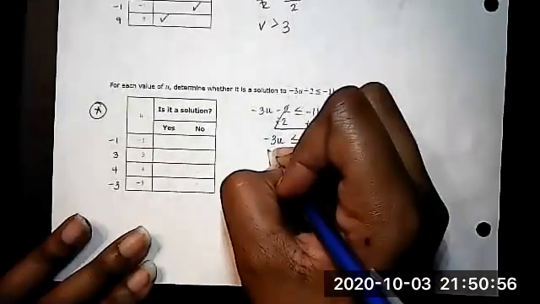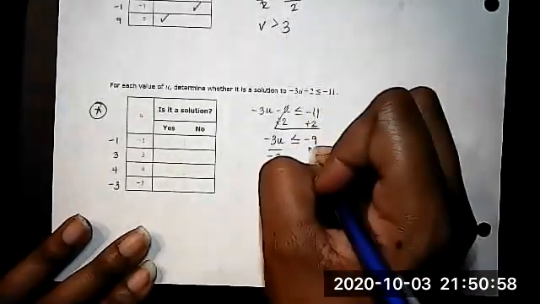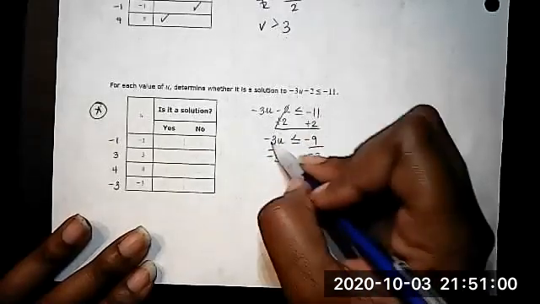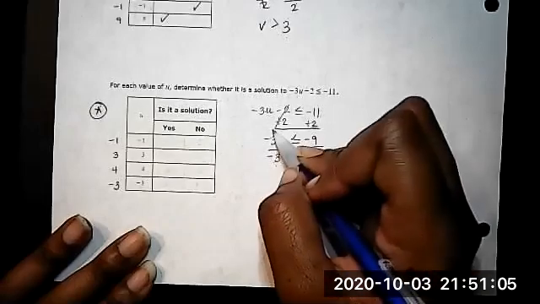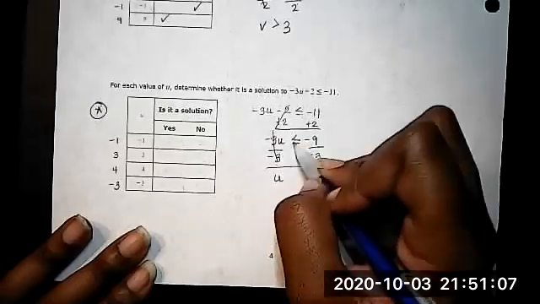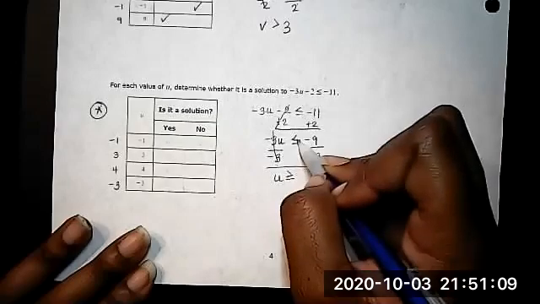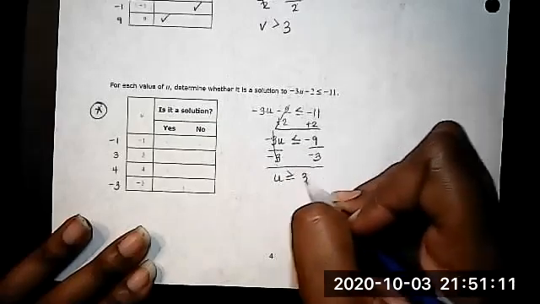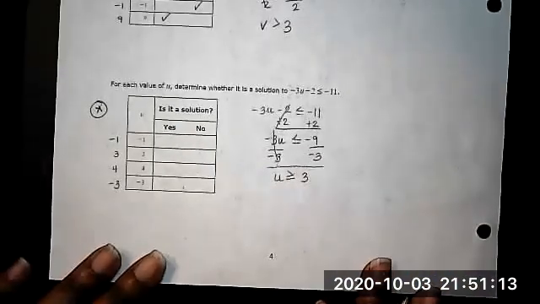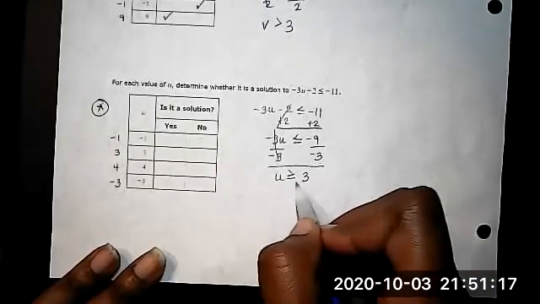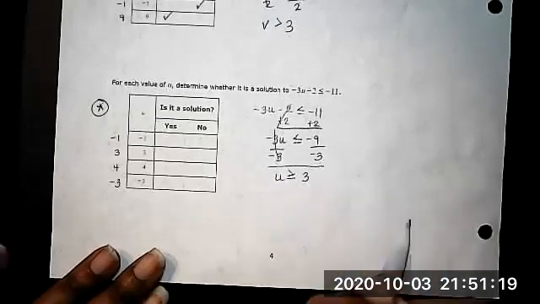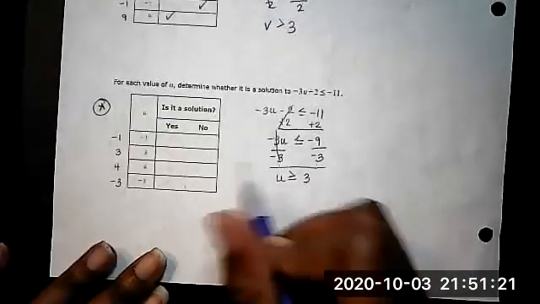So when you divide both sides by a negative, or multiply both sides by a negative, that is when you're going to flip this sign. Okay, I flip this sign, and this becomes 3. So this means all numbers greater than or equal to 3 are solutions to this problem.